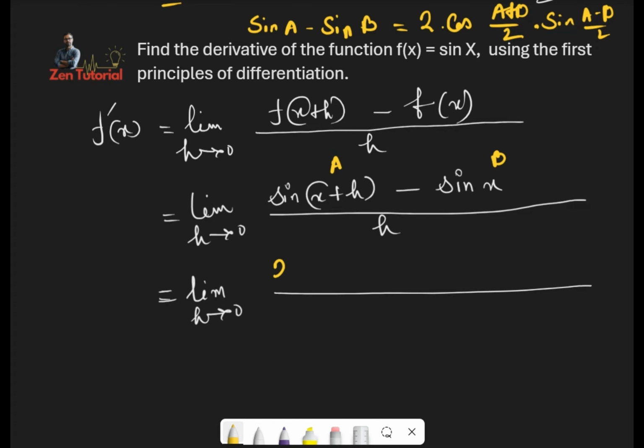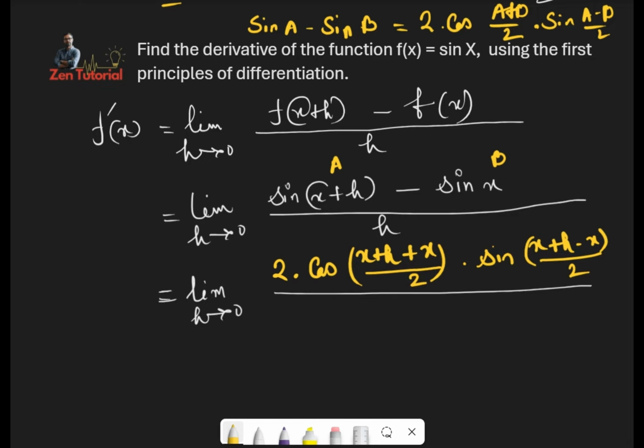So the equation will be 2 of cos of a, meaning x plus h, plus b, meaning x, over 2, dot sine of a, meaning x plus h, minus x over 2, and here will be h.